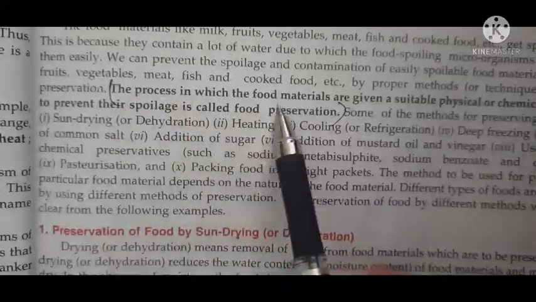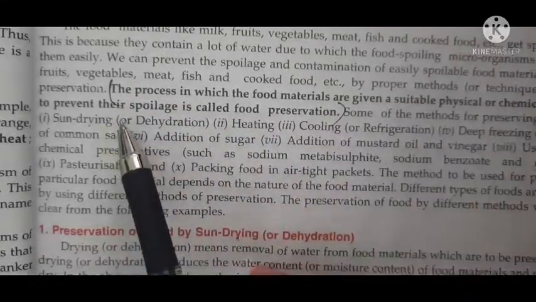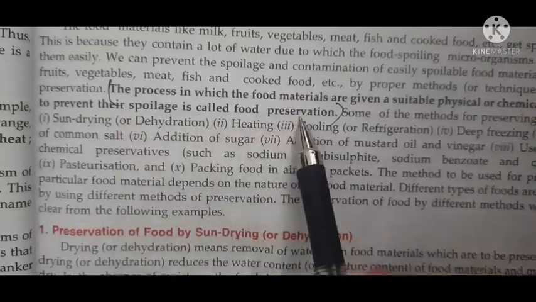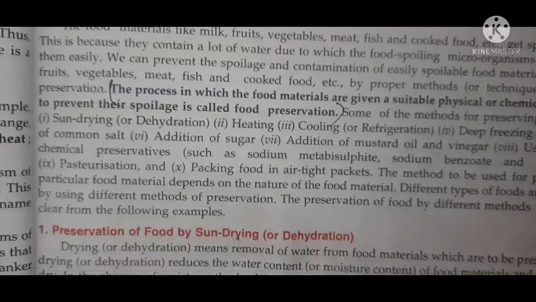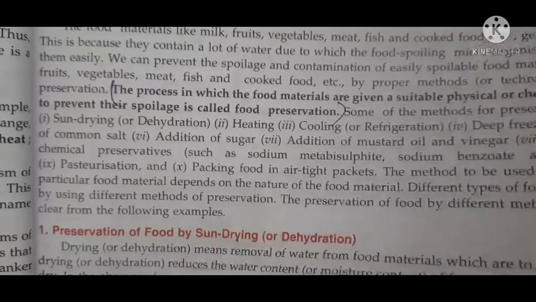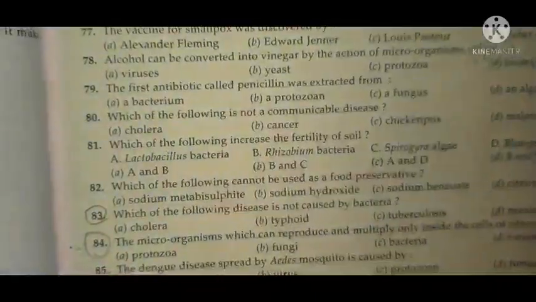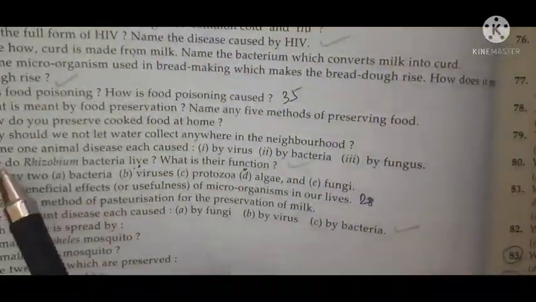The process in which the food materials are given a suitable physical or chemical treatment to prevent spoilage is called food preservation. And you can write any 5 methods, but under each method you write in 1 or 2 lines about the method and then you can give examples. So any 5 methods you can write. Is it clear?